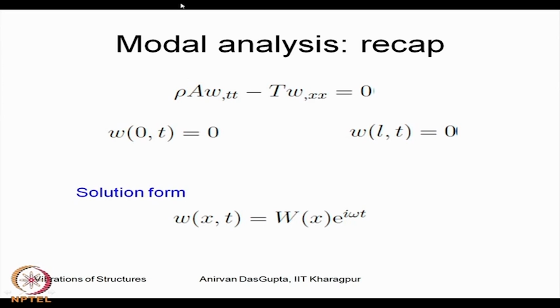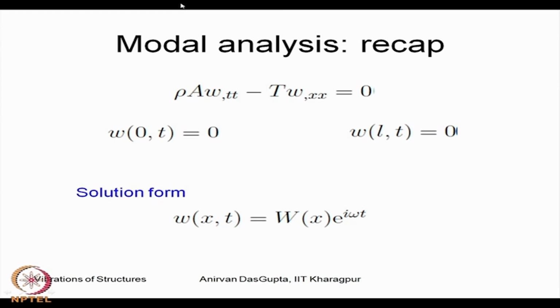For the problem of the string, this is a self adjoint problem as we have discussed. So, W, the amplitude function, is real, and so we have a solution which we wrote as a combination of the real and the imaginary parts of exponential I omega t.